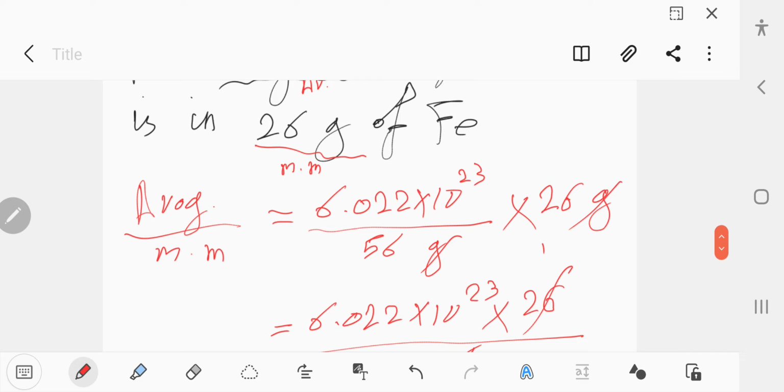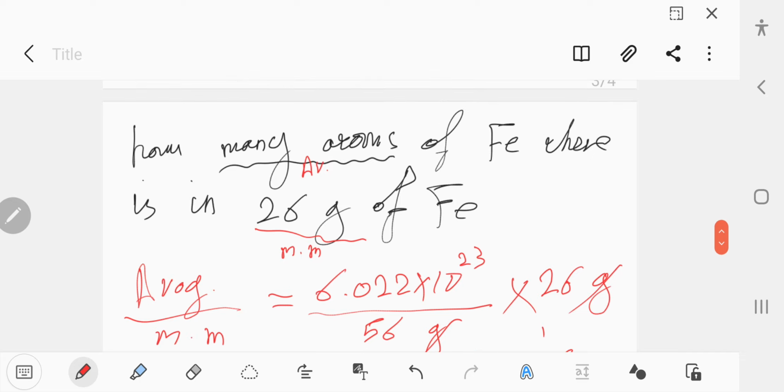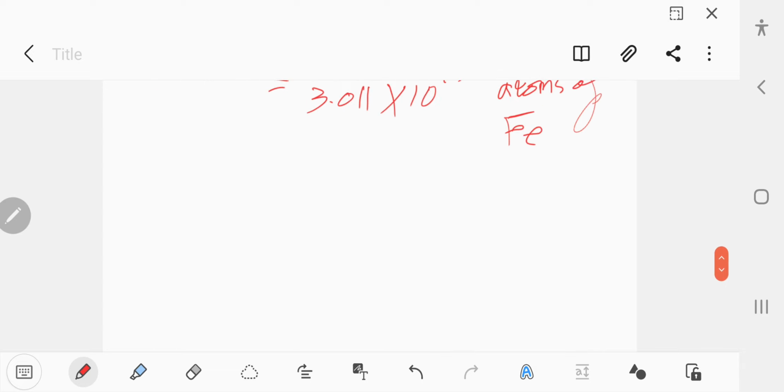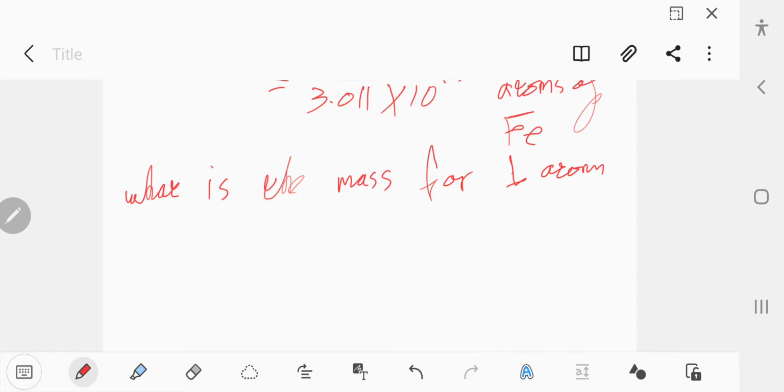Now, let's talk about the other point. If we have the atoms number and we have to, for example, find the mass, what is the mass of one atom of, let's say, Na, sodium?